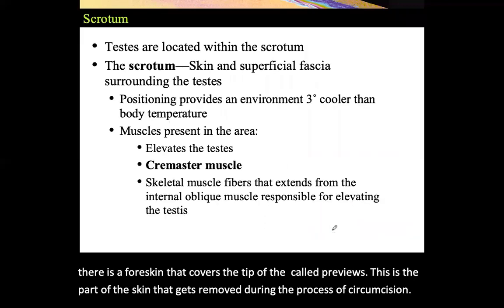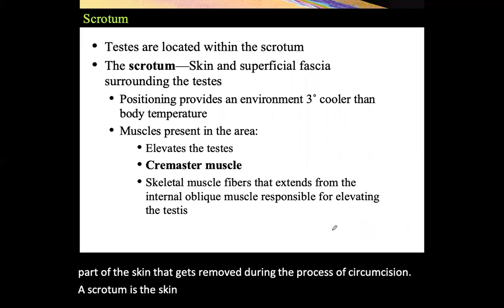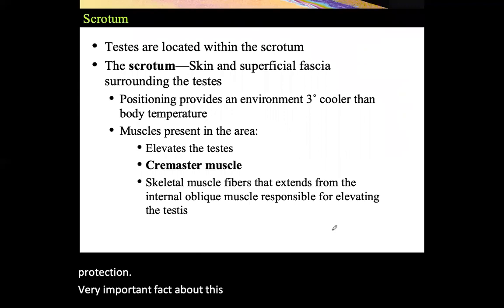A scrotum is the skin that is wrapped around the testes for protection. A very important fact about the scrotum is that it stays away from the surface of the body.